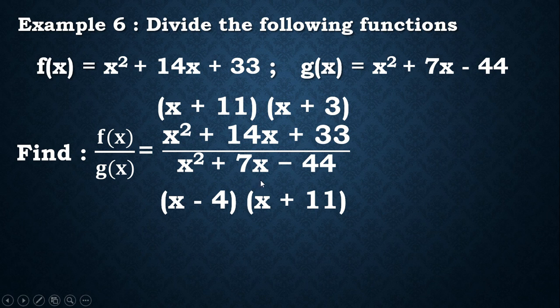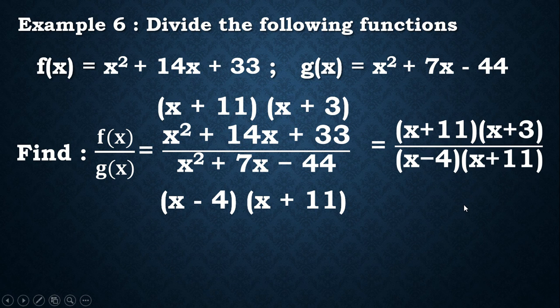And we come up with plus 7x, or simply 11 minus 4, that is 7, combined with the variable x for the middle term. And then for the third term, we multiply negative 4 times 11. 4 times 11, 44. Negative times positive, that is negative. So our factors are correct.